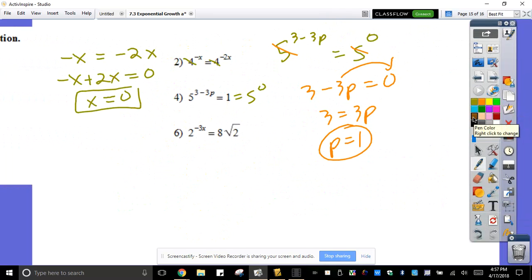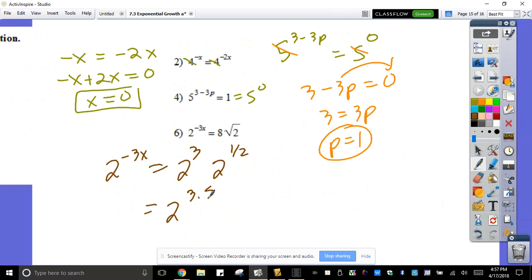And last one here, 2 to the negative 3x. We know that 8 is 2 cubed, right? 2 times 2 times 2 is 8. And square root of 2 is 2 raised to 1/2. Since these two here have the same base, I'm just going to add the exponents. That gives me 2 to the 3.5, or 3 and 1/2. Then I'll have 2 to the negative 3x here. Cancel this out, this 2.